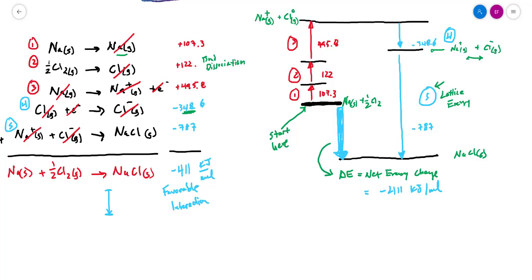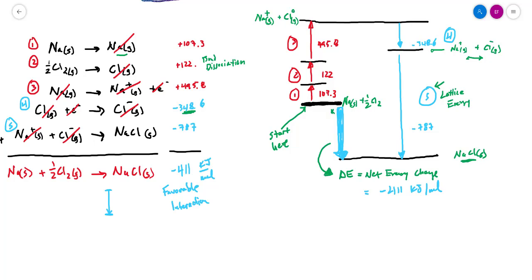And so it's this difference then, this big blue arrow here, that's the difference from the starting point of the elements in their natural state, how we'd find sodium and chlorine, to how we would have the ionic compound of sodium chloride. And so the takeaway here is that sodium chloride is a good thing.